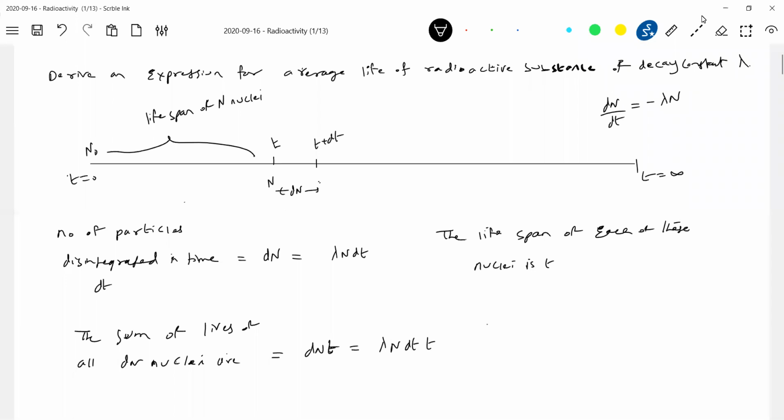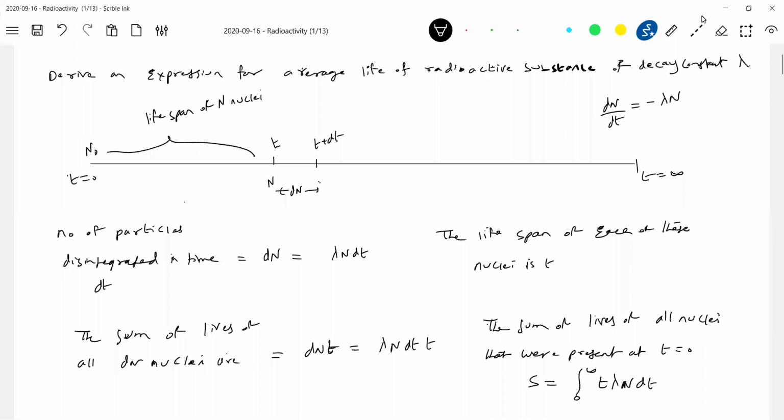Now let's go for the sum of lives of all the nuclei present at t equal to 0. I'll call that S. So there should be integral from 0 to infinity of t lambda N dt. This one only, that quantity lambda N dt into t.